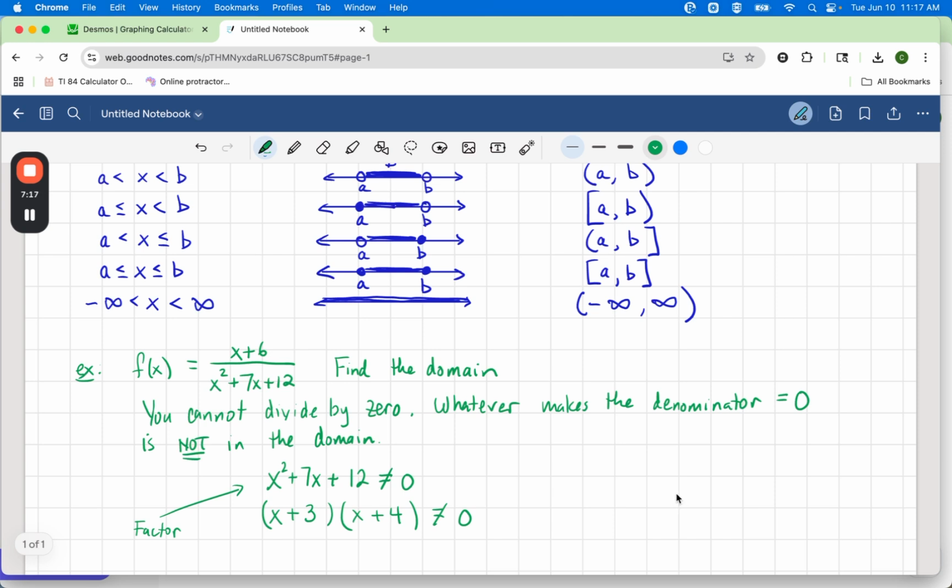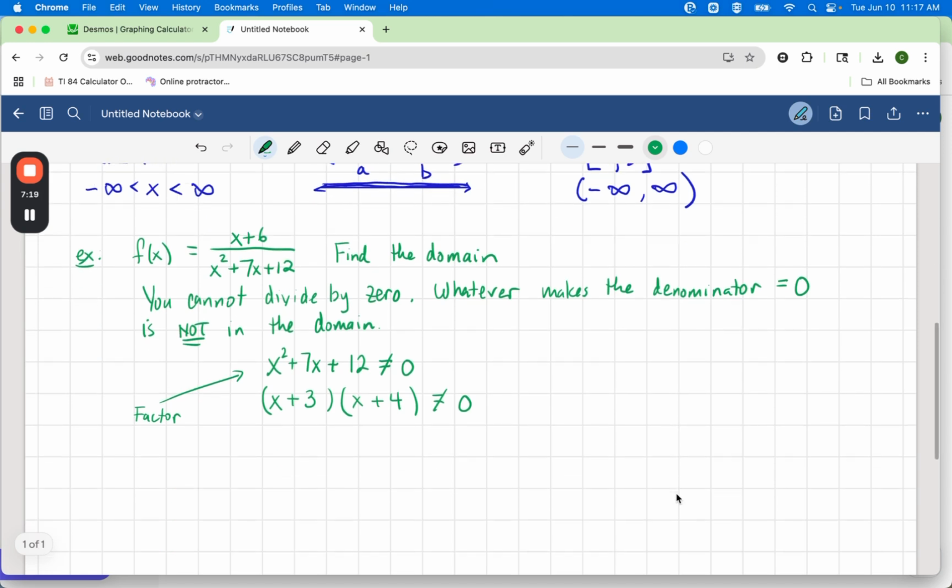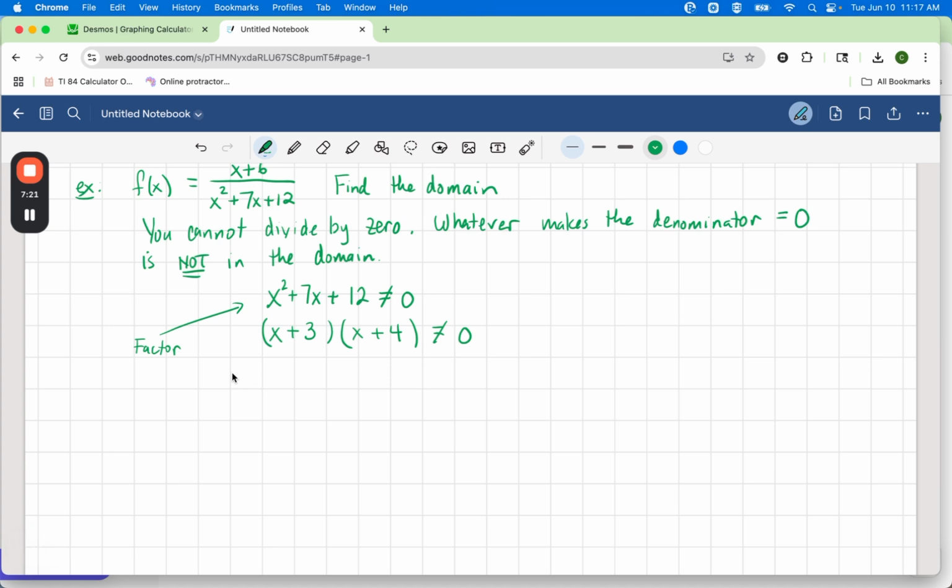does not equal 0. Okay. Then you would just set each one of those factors not equal to 0. So x cannot equal negative 3, and x cannot equal negative 4.